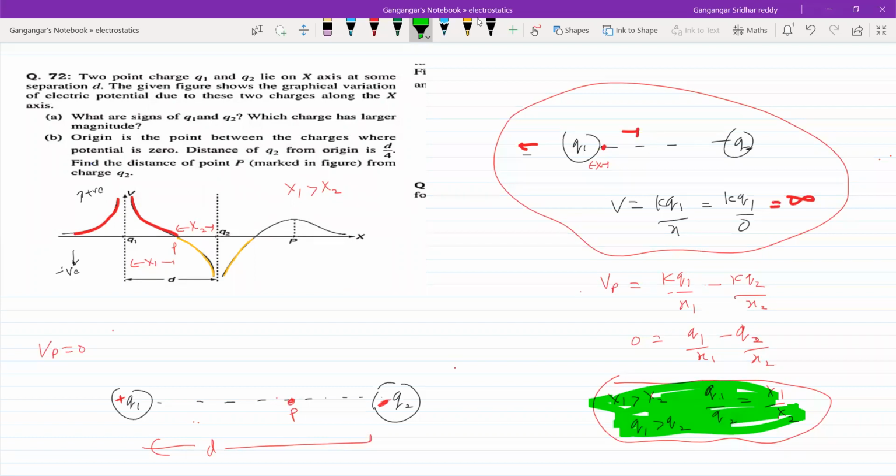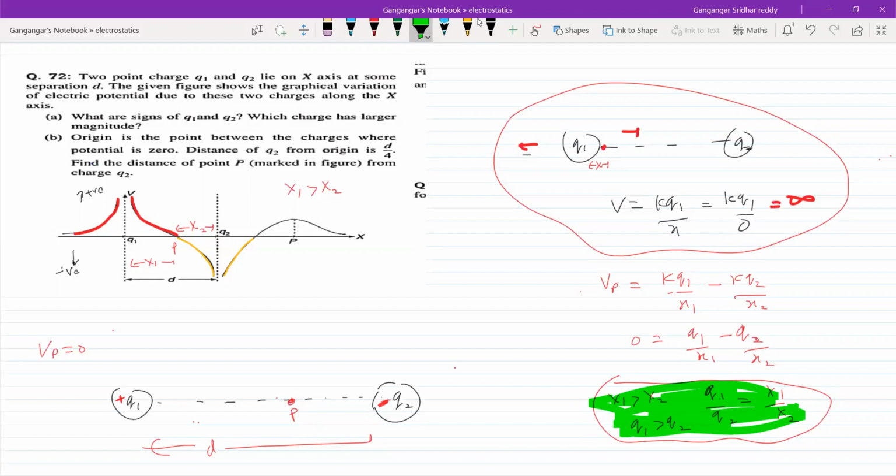So this much I have concluded. Next part is asking something. Origin is the point between the charges where potential is 0. Distance of Q2 from origin is d by 4, which is giving the value of x2. That's all. Find the distance of point P marked in the figure from the charge Q. Okay, P1, no? I think I'm confusing with the symbol.